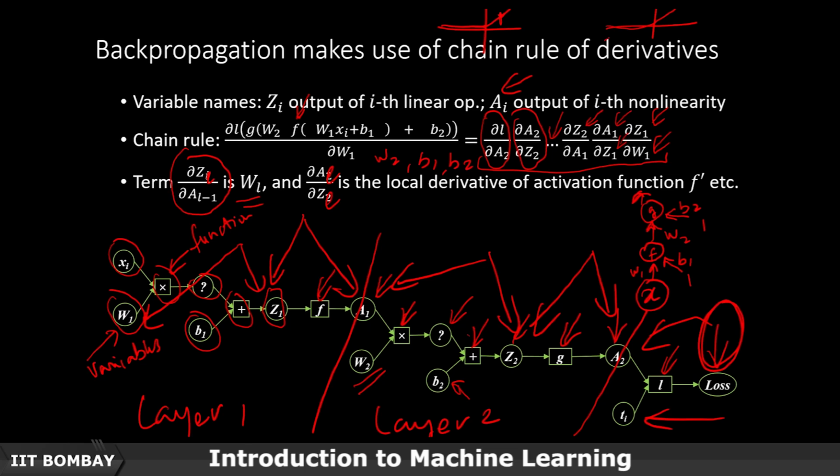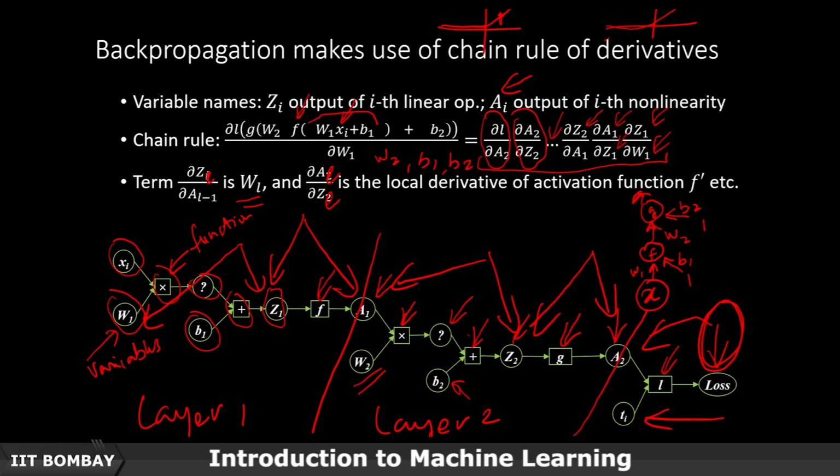Now where does the first thing come from, where we have del zl by del al minus 1 being wl? If you look at this particular expression and you take its derivative with respect to a, what is a? In this particular case it is x, which is the output of the previous layer.